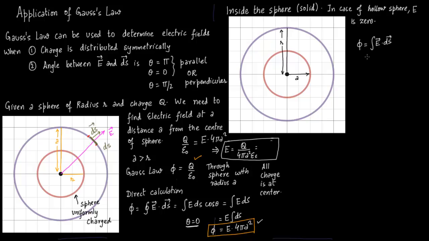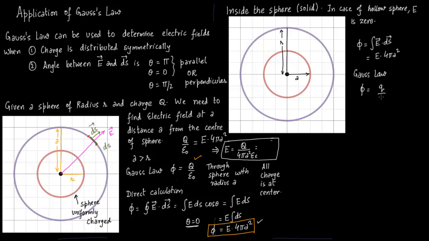The flux for sphere of radius a is integral of E vector dot dS vector, and just like in previous case, the flux comes out to be E times 4 pi a square. So this is the flux associated with sphere of radius a, and now the sphere of radius a is inside the sphere of radius r, and both r and a are solid spheres.